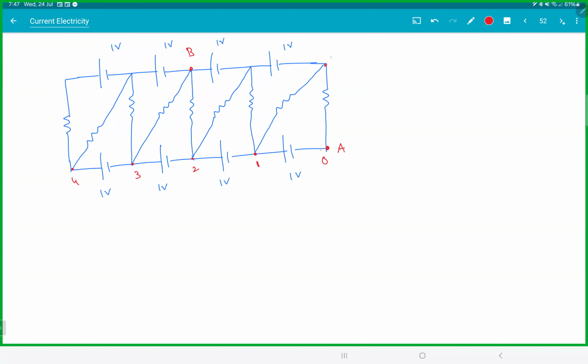No, that is not 0. That is X because there's a resistor in the middle. If that is X, this is x plus 1, this is x plus 2, this is x plus 3, and this is x plus 4. So if I can find x plus 2, my job is done. I just need to find the value of x. So VB minus VA is x plus 2.